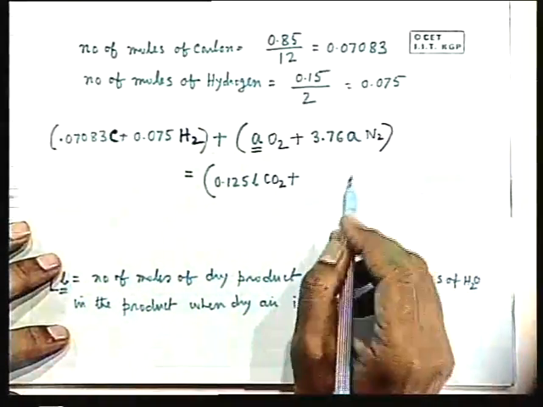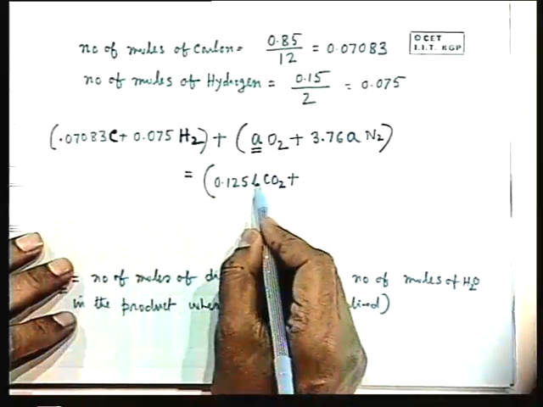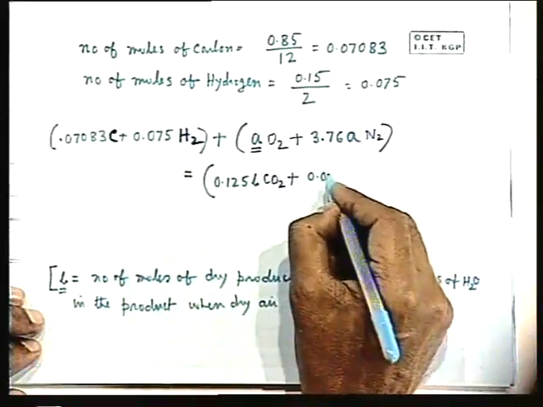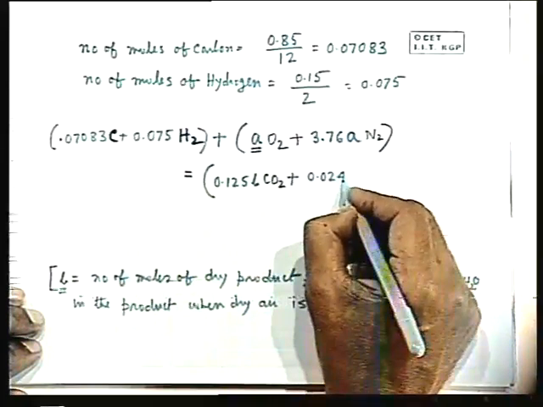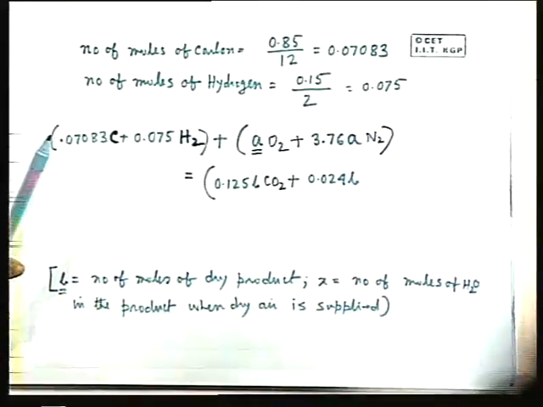2.4% by volume means by the number of moles. B is the total number of moles of dry product, so it will be 0.024 B, representing the moles of oxygen.